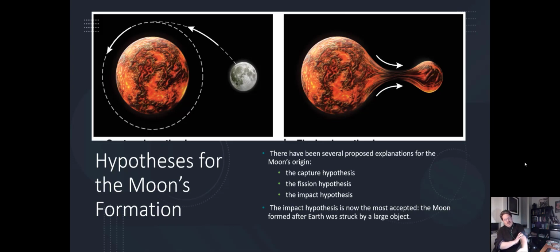Then we have the fission hypothesis, or what I like to refer to as the mother hypothesis. In this case, the Earth is forming, and if you remember conservation of momentum, when it's forming, it's shrinking, and as it does so, it spins up.